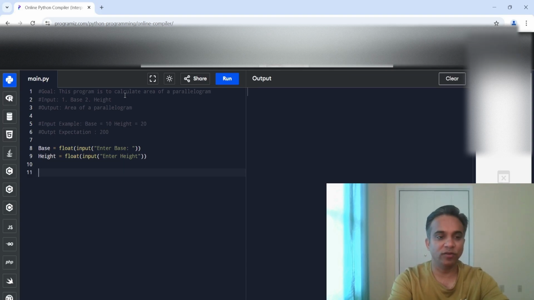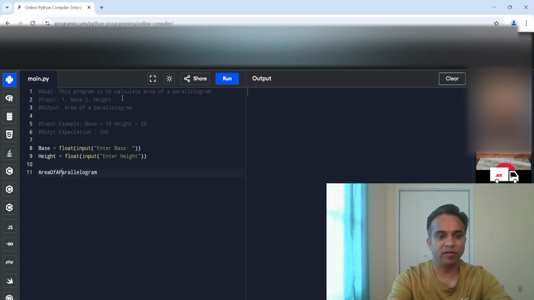And now we are going to calculate the area of a parallelogram equal to base multiply by height.